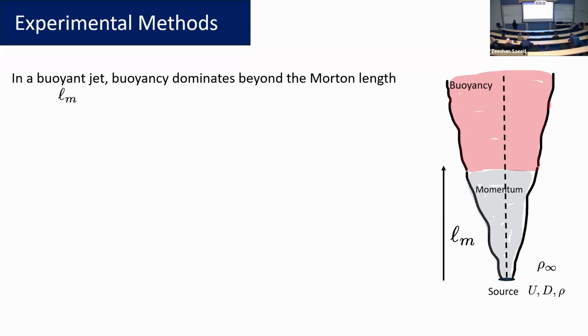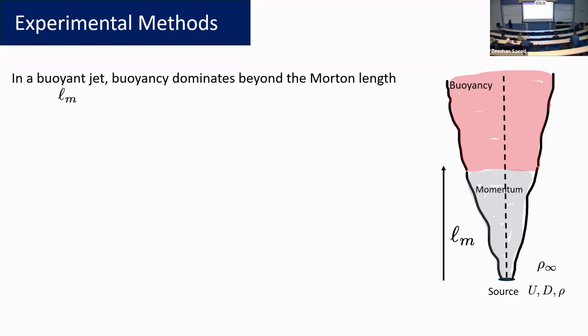We have a source, and the flow emanates, and then beyond a certain region, buoyancy takes over. So momentum fades away, and the dynamics is really driven by the buoyancy beyond a certain height or downstream distance from the source. And this distance is determined by the momentum length scale.